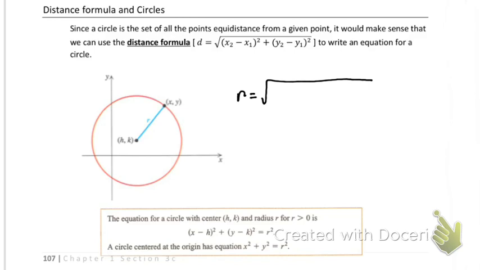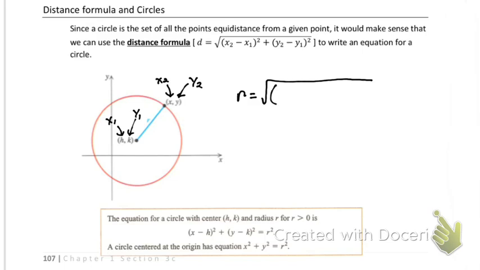So we're going to call this point x, y our x sub 2. And we're going to call this one our x sub 1 and y sub 1. So once again, think of this as being our first point, x sub 1, y sub 1. And these are going to take the place of our x sub 2, y sub 2. So our radius is going to equal the distance between those 2 points.